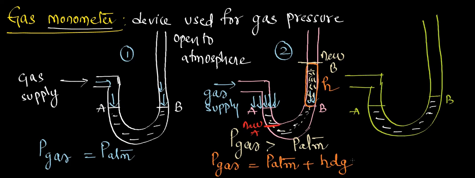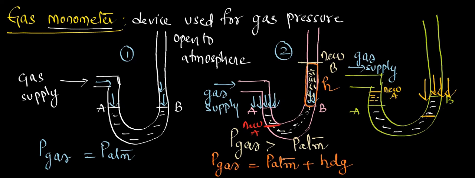Okay. Now let us assume that this is the gas supply side, and this side gas pressure is less. Now what happens? The right side, B point, will have more pressure from the atmosphere. So at the A point side the liquid level rises. This is the new A point.